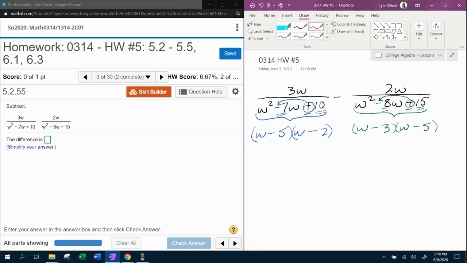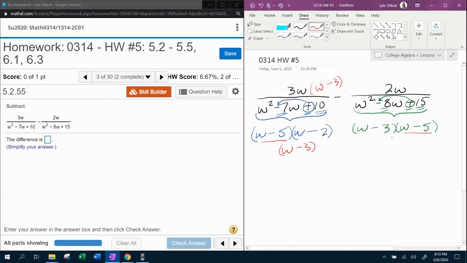common denominator. Okay, so do you see that both of these denominators have a W minus 5? So they have that in common already. But what the first denominator is missing that the second one has is a W minus 3. All right, so it needs a W minus 3. If I give it to the bottom, I have to give it to the top.